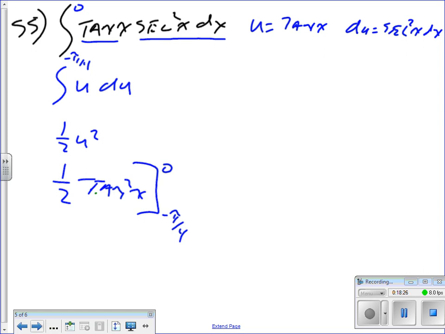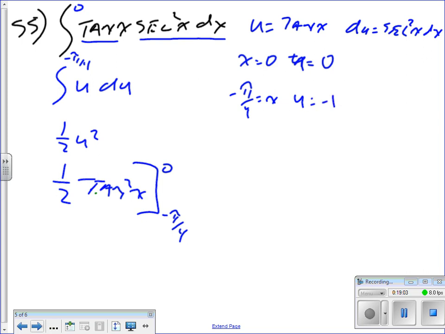Or you can go back to here and say, okay, when x is equal to 0, then u is equal to, what would that be? Tangent of 0 is sine over cosine of 0, so 0. So you can change your bounds. And when x is negative pi over 4, u would be the tangent of negative pi over 4, which is negative 1.